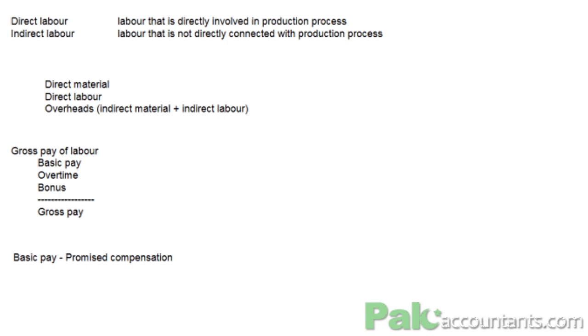Now this basic pay can be calculated in two ways. It can either be time-based, or it can be output-based. If your compensation is time-based, then it will be calculated on the basis of the number of hours, weeks, or months you have worked.